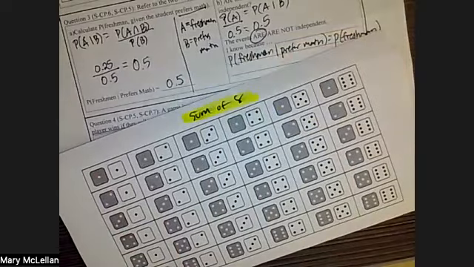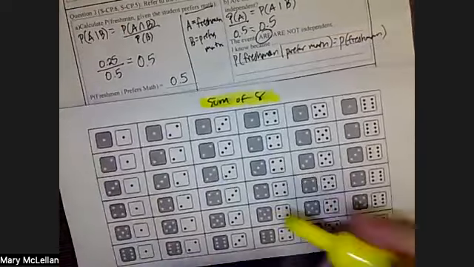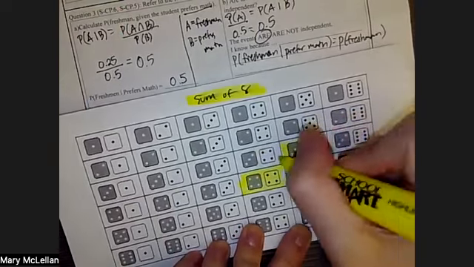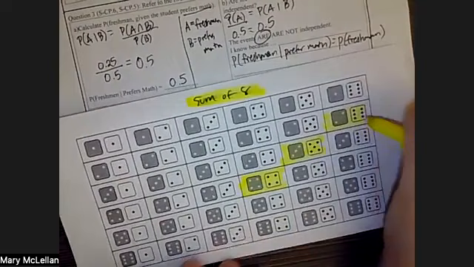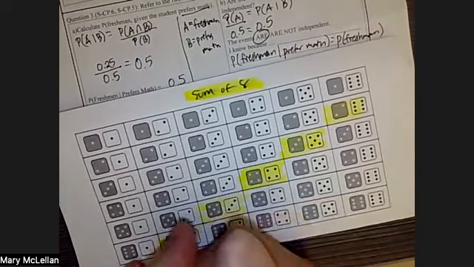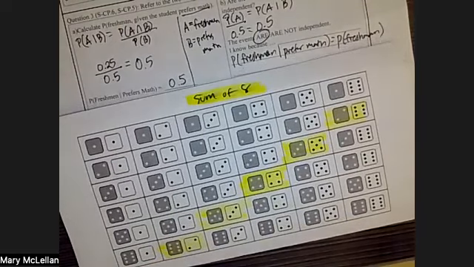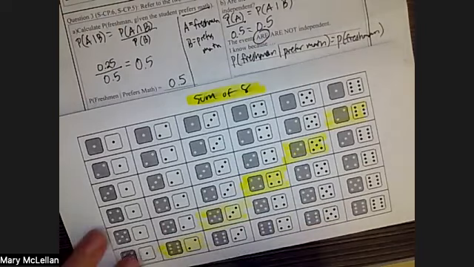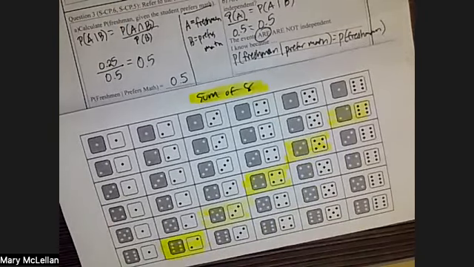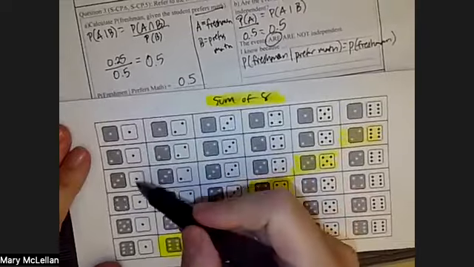Okay. So let's see. 4 plus 4 is 8. 3 plus 5 is 8. 6 plus 2 is 8. 5 plus 3 is 8. And 2 plus 6 is 8. Ooh, I broke my highlighter. It was on a flat stick anyway. So these are all of the ways that I could roll an 8 out of the total.